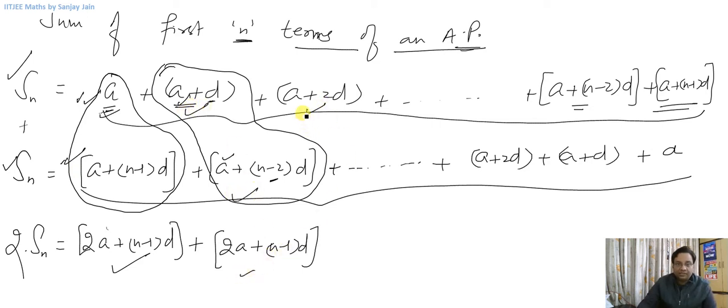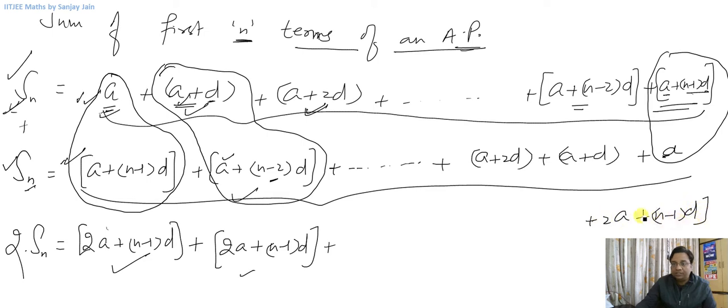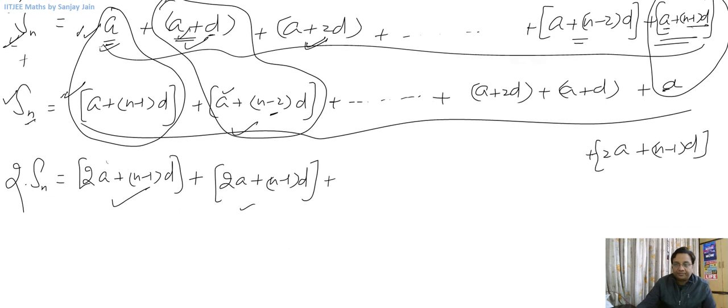The third term of this sum and the third term of this sum will also give us the same result, and you can verify the last term plus last term: a plus a, 2a, plus (n minus 1) into d. So last term plus last term will also be 2a plus (n minus 1) into d. This is something that we have already discussed in our previous lecture, right?